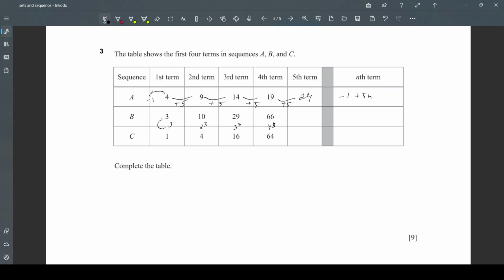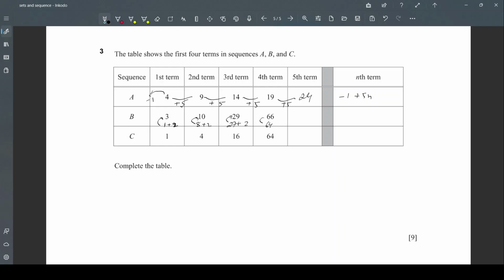See, 1 cube plus 2, 2 cube plus 2, 3 cube plus 2, right? So yes, this is actually related to the cube format. As I taught you in the revision, they may even ask you n cube plus 1, n cube plus 2. 1 cube is 1, and 1 plus 2 gives you 3. 2 cube is 8, and 8 plus 2 gives you 10. 3 cube is 27, and 27 plus 2 gives you 29, right?